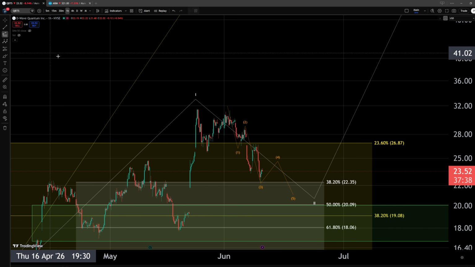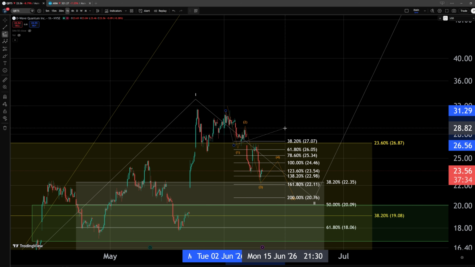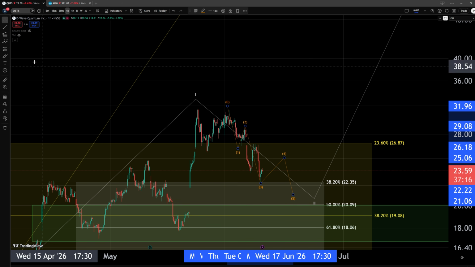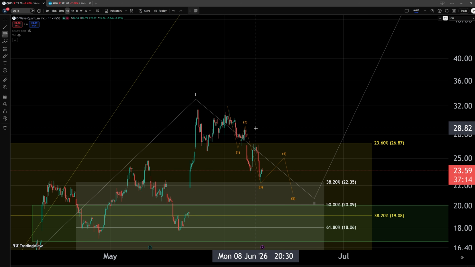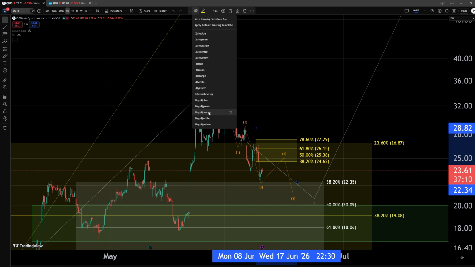And we can even look for the ideal target for the wave 3. See if it has been actually reached, and it has. We have just pushed past the 138.2% extension today. And in terms of resistance, I am looking for the levels up to the 61.8% retracement for a potential wave 4 within this idea of an ending diagonal.